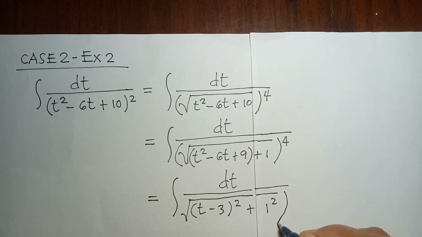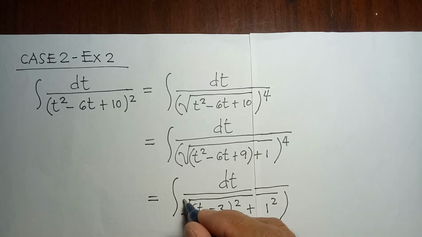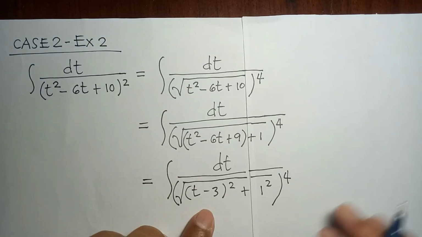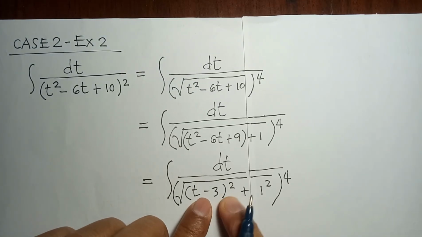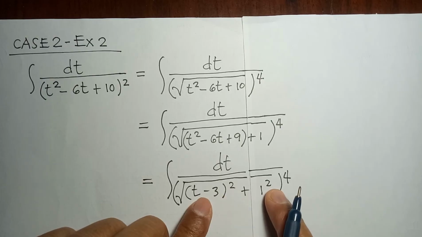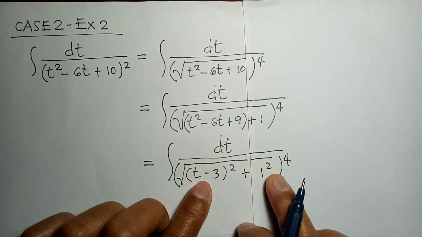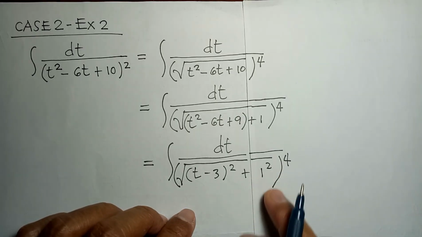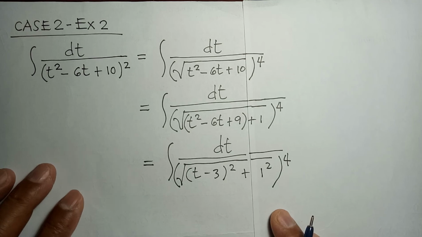Tapos, naka-raise siya sa 4. So, kita natin ngayon na yung t minus 3 squared plus 1 squared, square root, takes the form of square root of u squared plus a squared. Kaya siya case number 2.